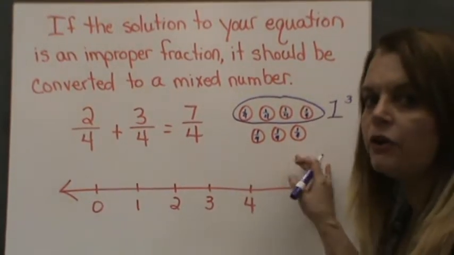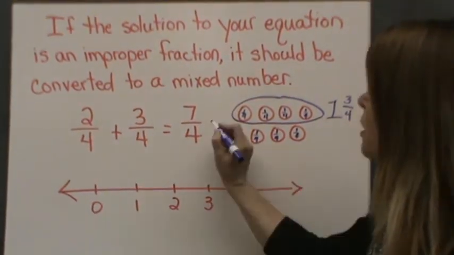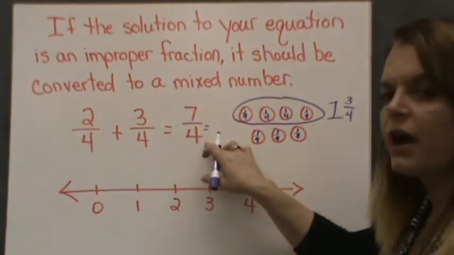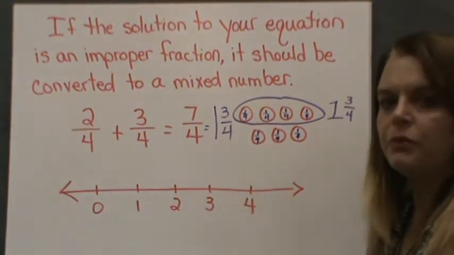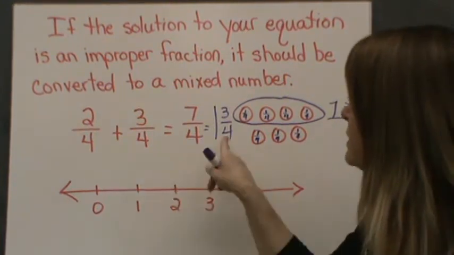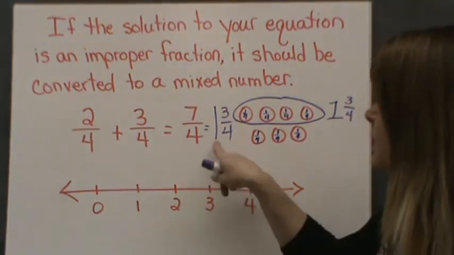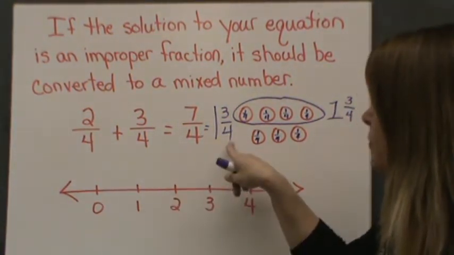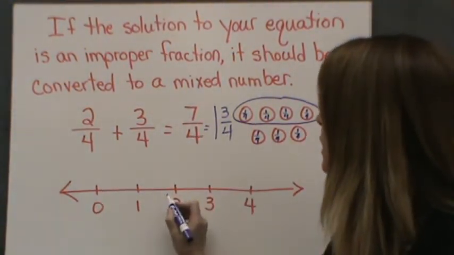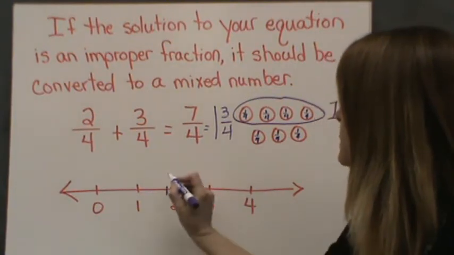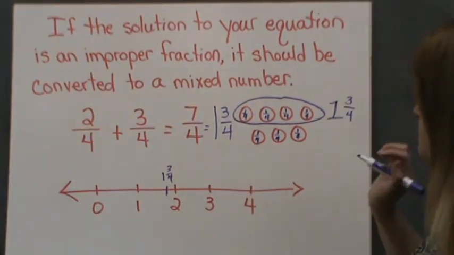But what are they? They're not 3 wholes, they're 3/4. So all I've done is converted my improper fraction into a mixed number, 1 3/4. And now it's easy to see that this number is obviously greater than 1. So it's going to go between 1 and 2 because my whole number is 1 3/4. Well, that's almost 2 because I only need one more to make another whole. So my fraction would be on the number line somewhere here, 1 3/4, because it is more than 1.